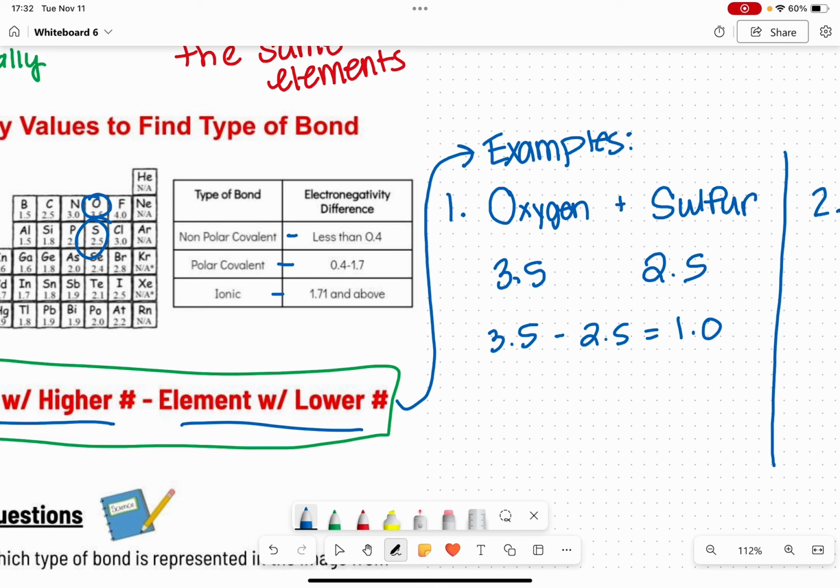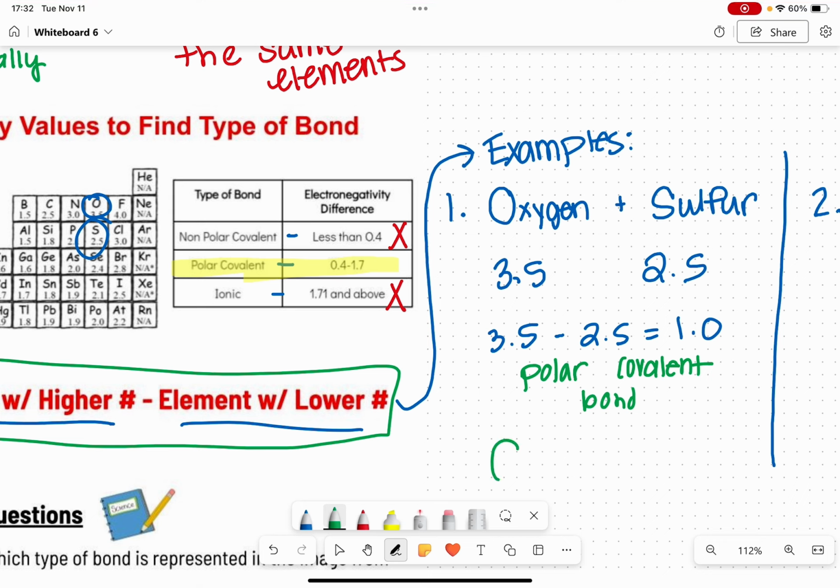Now 1.0 is not less than 0.4, so I know it's not nonpolar covalent, and it's not bigger than 1.71, so I know it's not ionic. It's in between 0.4 and 1.71, which means that this is a polar covalent bond. So they share electrons, they just share them unequally.